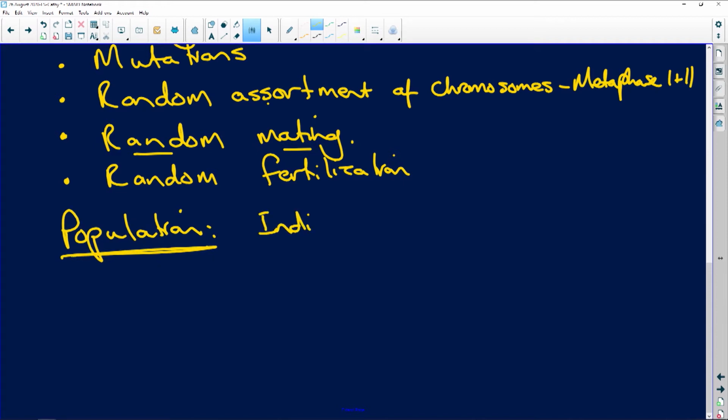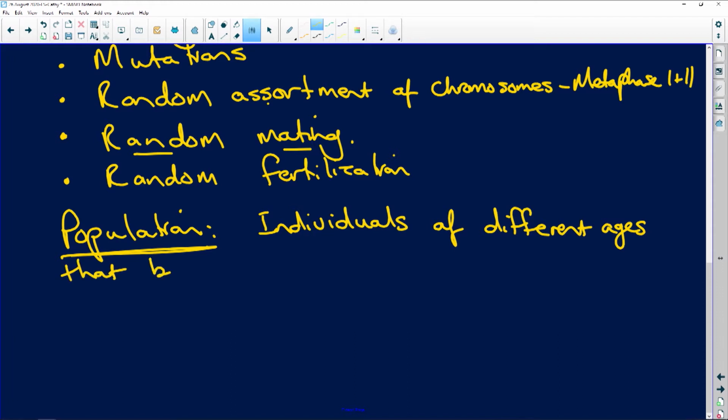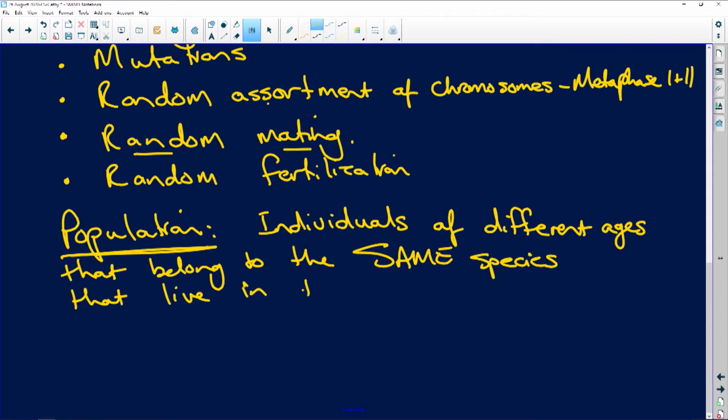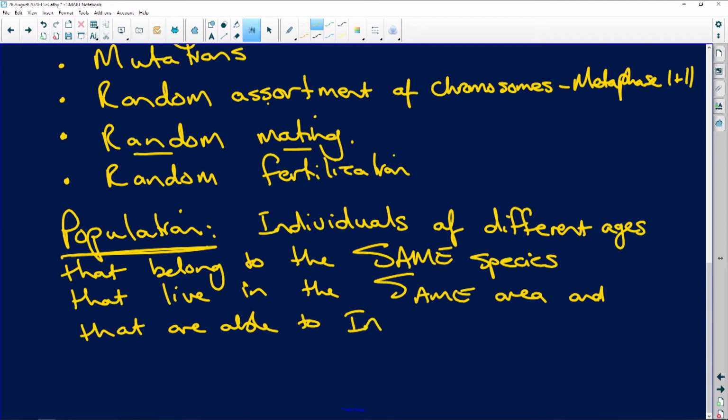It's individuals of different ages that, and this is important, belong to the same species, that live in the same area and that are able to interbreed. If they don't live in the same area, they can't interbreed.